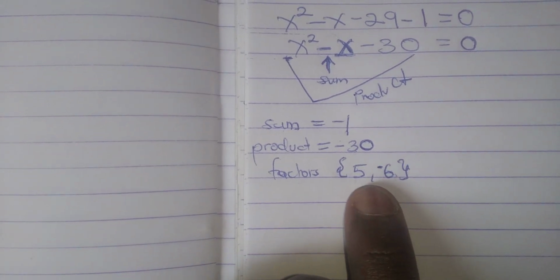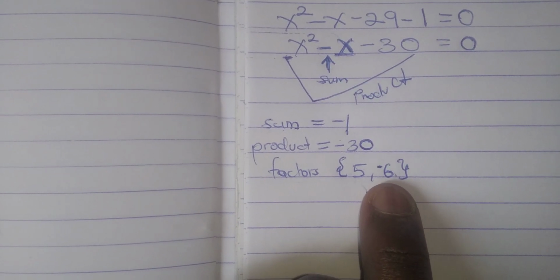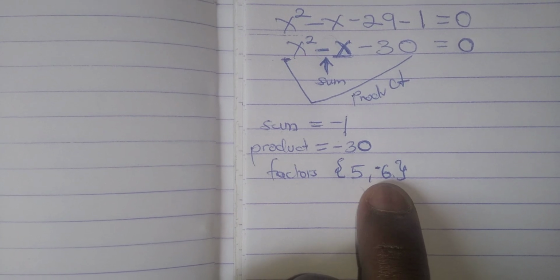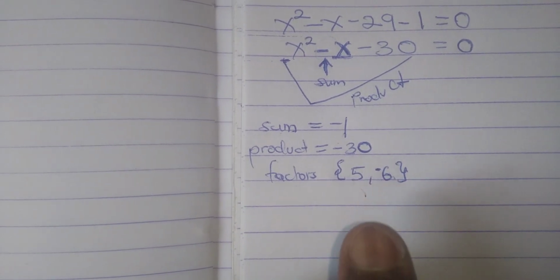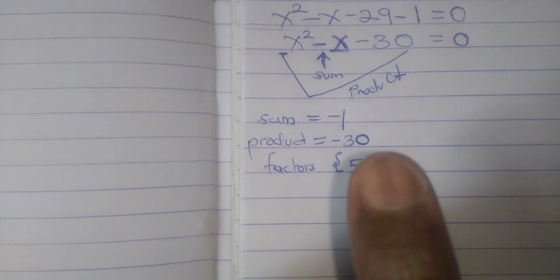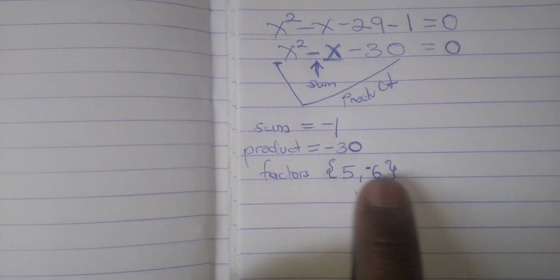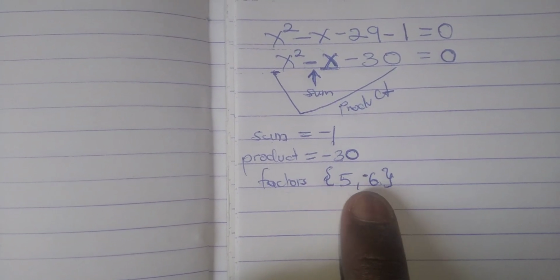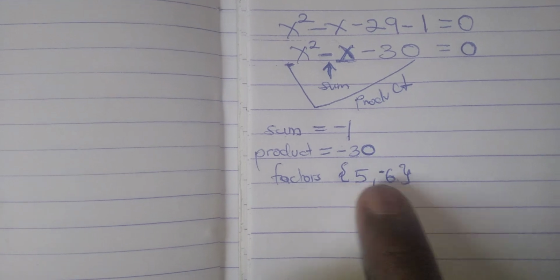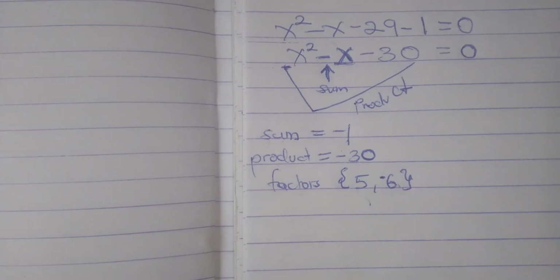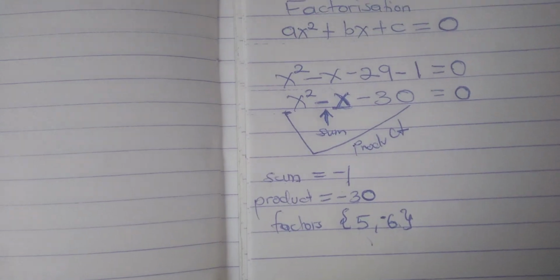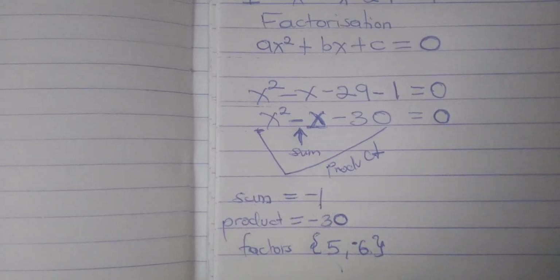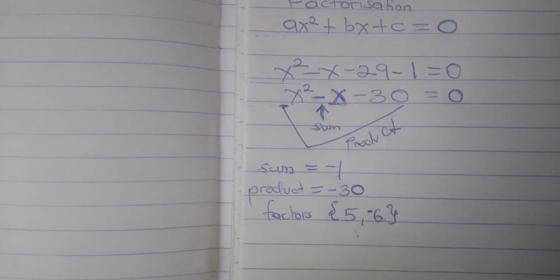When you say 5 plus 6, what do you get? You get negative 1. So it ideally means the position of the sum shall be substituted using these factors we have gotten. And we have ideally seen when we add them, we shall come back to that negative 1. But since our sum had x, we shall also include x on our factors.